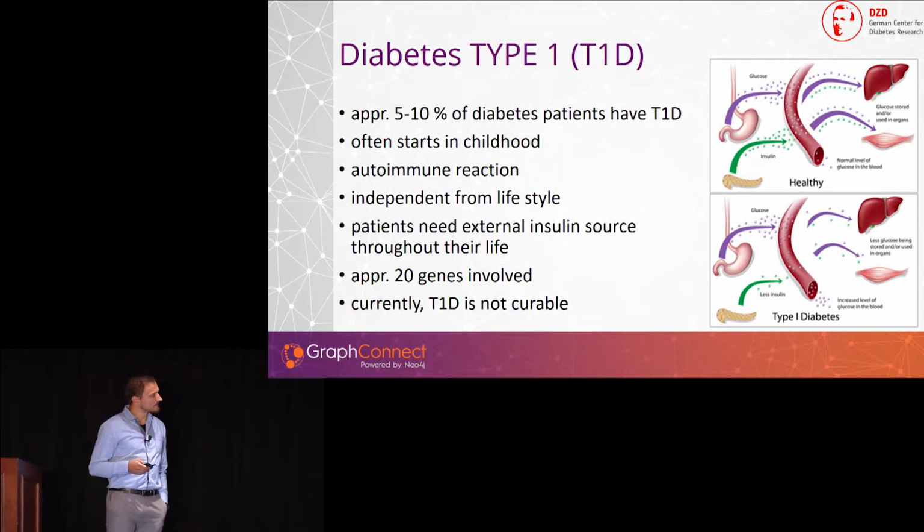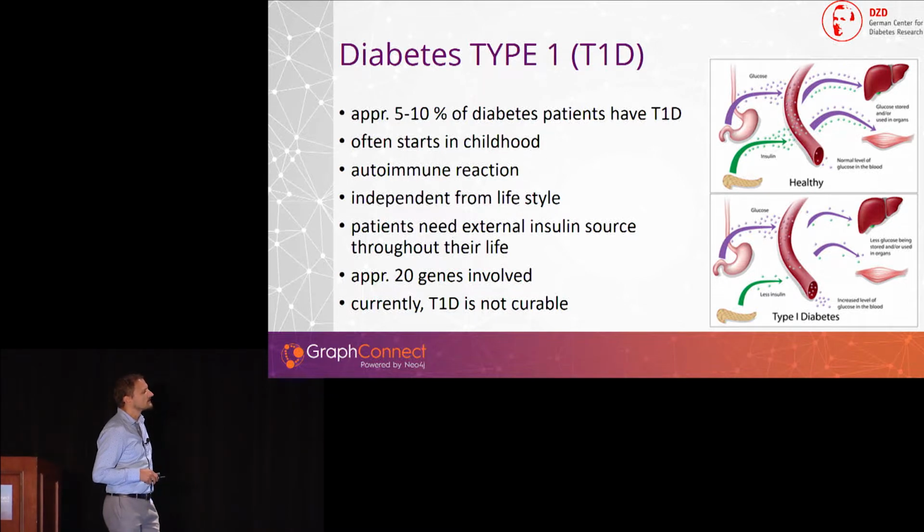On the right side, you see a picture. So this is the healthy body. In your pancreas, there are some cells that produce insulin, these little green dots. And this is your stomach, and you get your sugar into the blood vessels, and then insulin comes to it. If they both come together, you get your sugar to the liver or to the muscle cells.